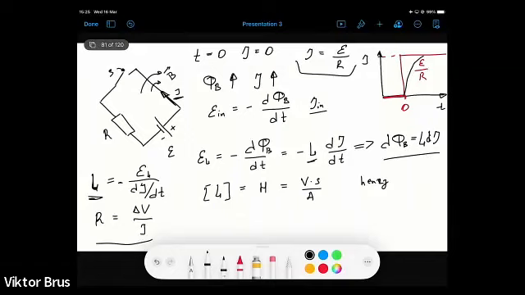However, in order to make it more convenient to represent it on electric circuits, similar to resistance, we want to introduce some electrical circuit component which will represent all inductance of the electric circuit.